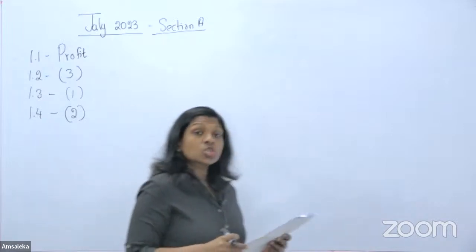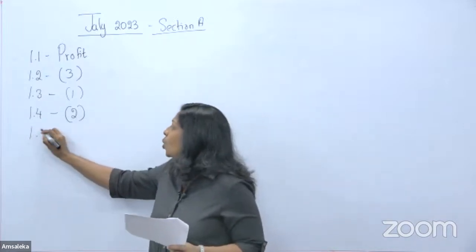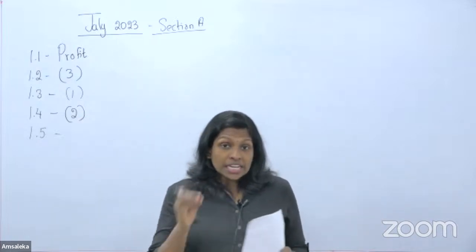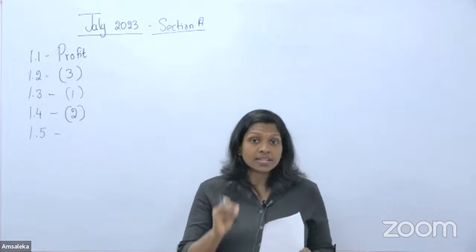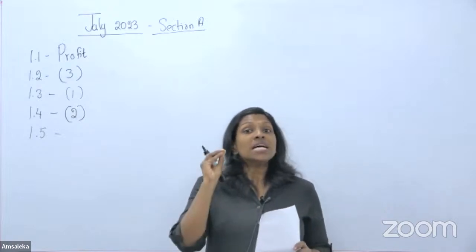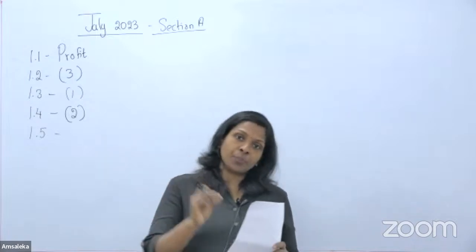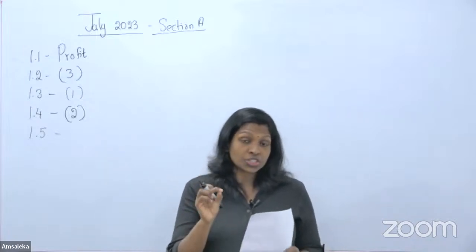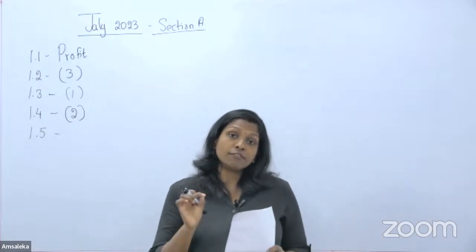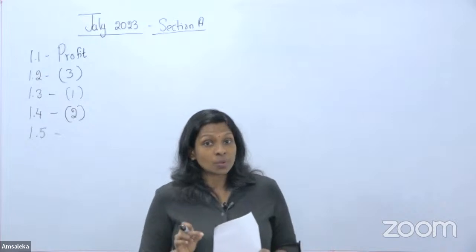Then let's go to 1.5. Remember, in your MCQ, one question is compulsorily tested from the Central Bank annual report. One MCQ is tested from the Central Bank annual report.